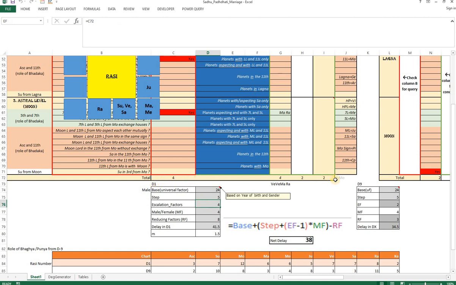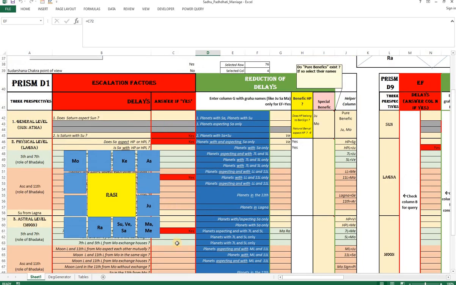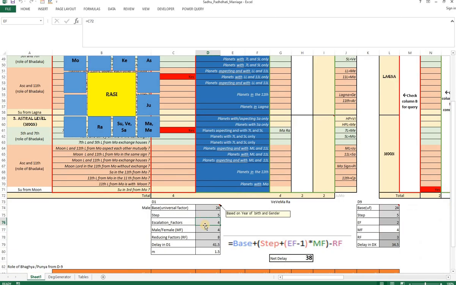Escalation factor is the sum of all these. The escalation is the red one, so it will pull out the escalation factor. And the MF factor: if it is a male, it is going to be a 4. If it is a female, it is going to be a 3 as per the book. Reducing factors arise because of multiple things, and it adds up all the reducing factors.